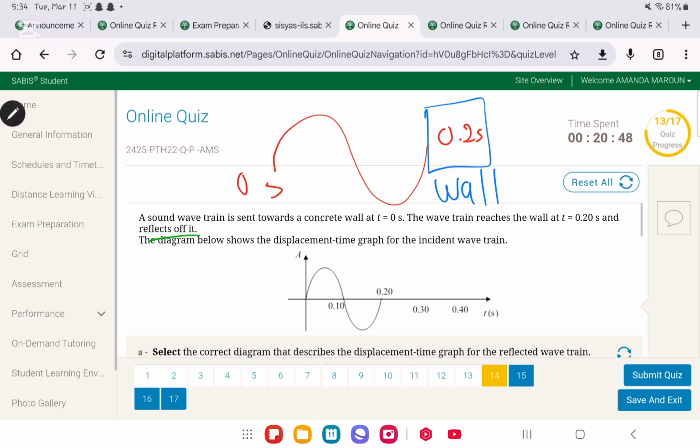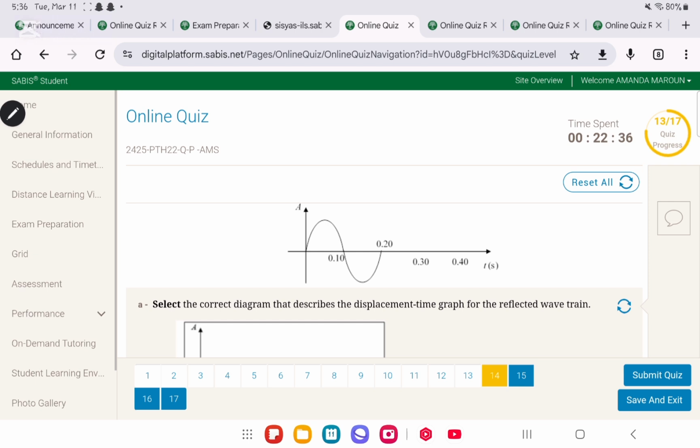From the place of reflection, a reflection will happen, and when we are representing it on the graph, it's going to be almost like an image on the other side. So it's going to look like this and like this. So it's literally going to be like the image, like 0.2 is the mirror over here, and from here you will copy it like an image. Okay, so this is all that I have to say for this.